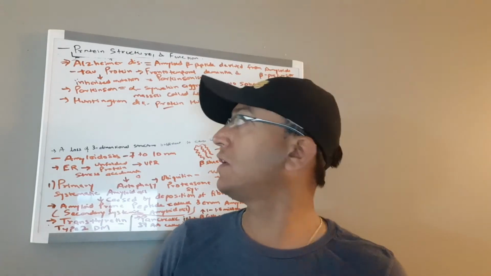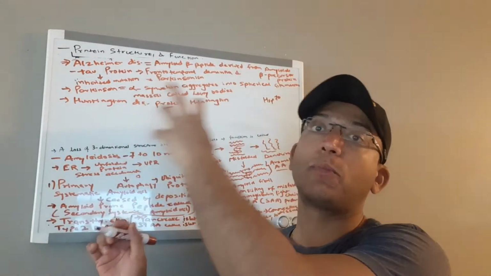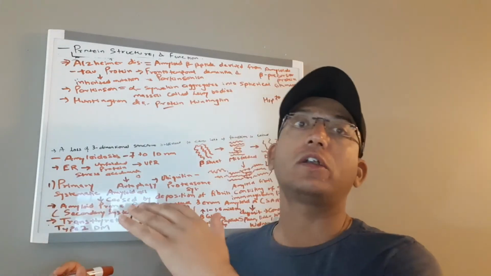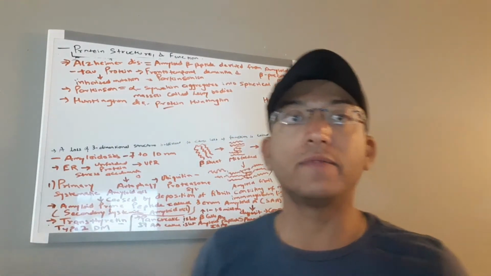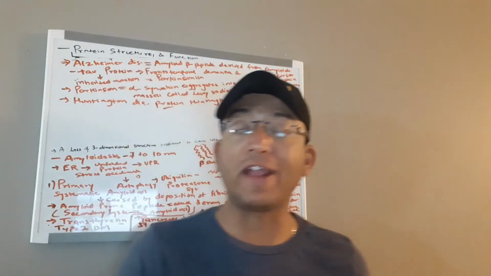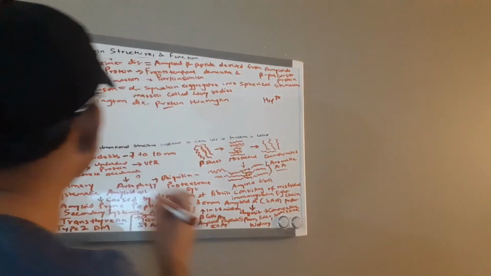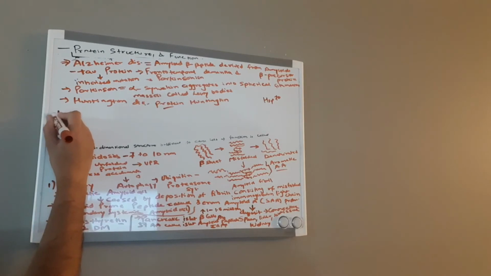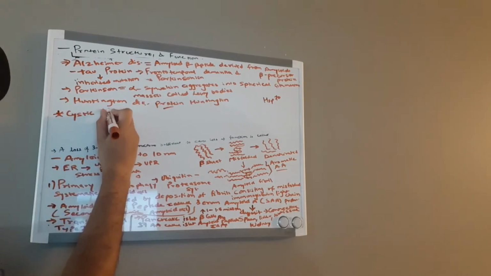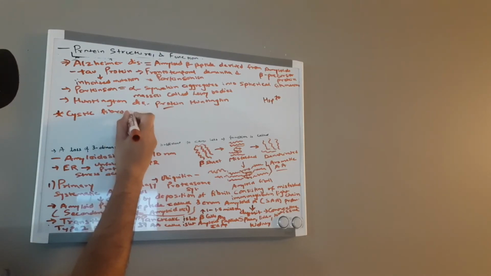But it's not always the case that a misfolded protein causes amyloid disease. It's not amyloid formation that causes every serious disease. For example, cystic fibrosis, I will put a star. This will not cause amyloid disease.